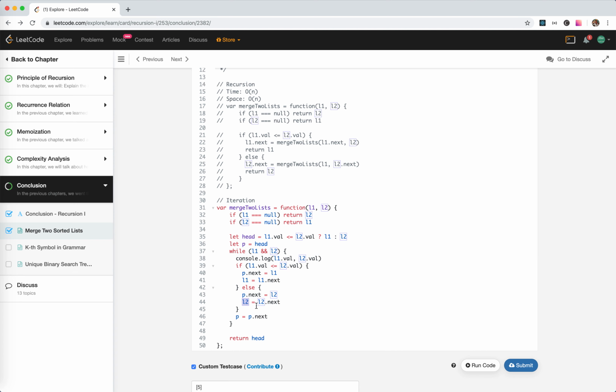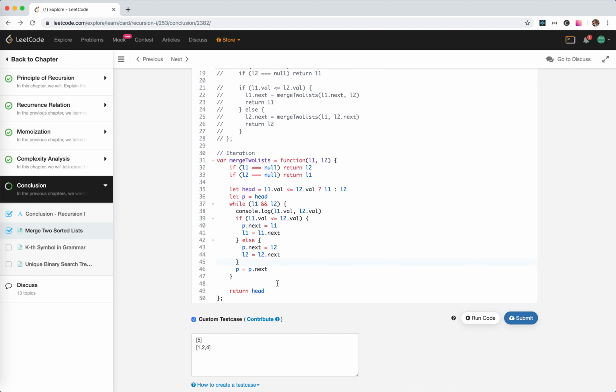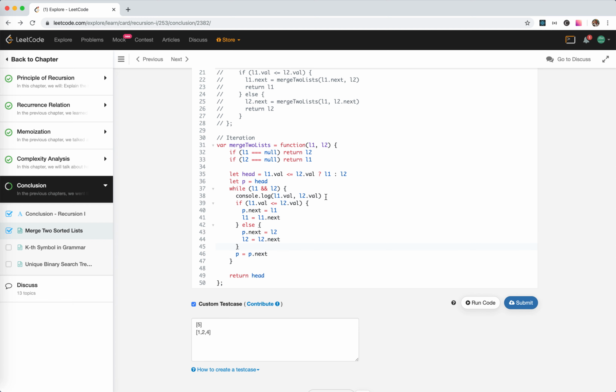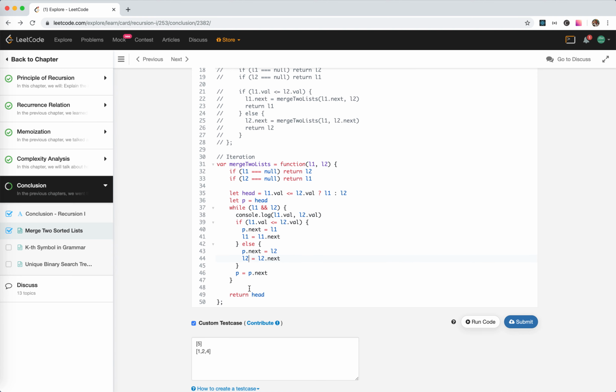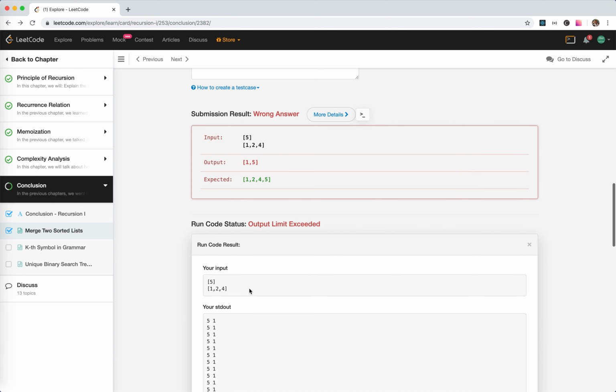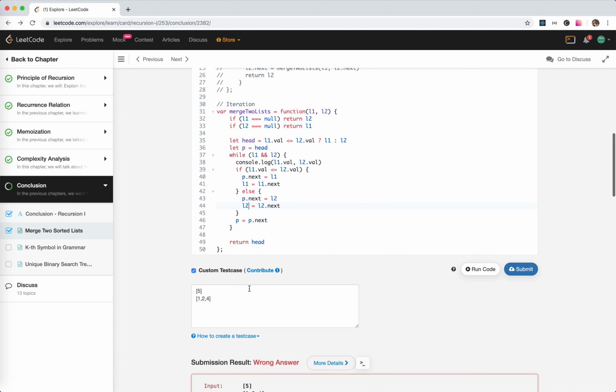But L2 is set to next. Five one, so the smaller one is here. What? 1, 2, 4. I'm confused.